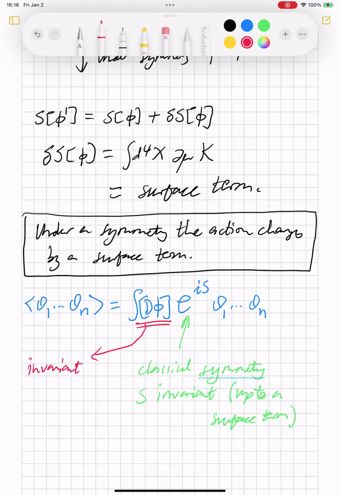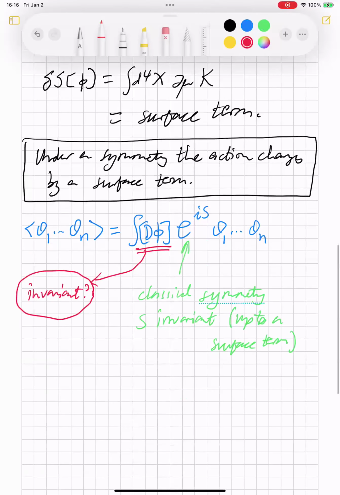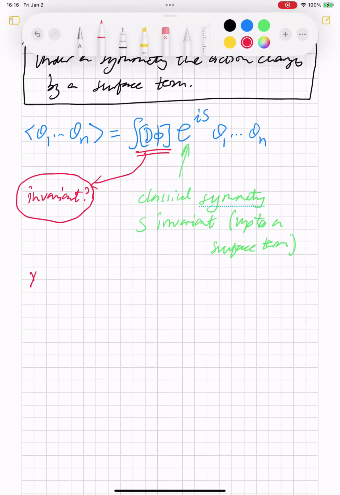And you really can find situations where the action is invariant, but the measure is not invariant. If the answer is yes, if the measure is invariant, then you have a symmetry. If the answer is no, then there is no symmetry. The symmetry that the classical theory enjoyed is broken by quantum effects.